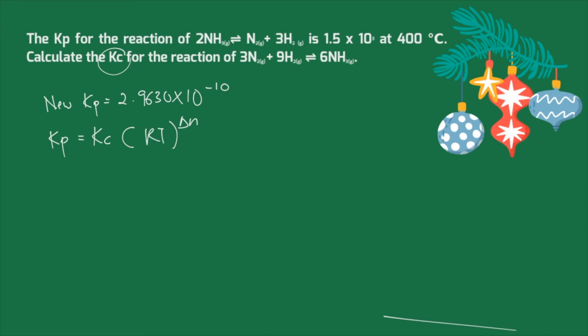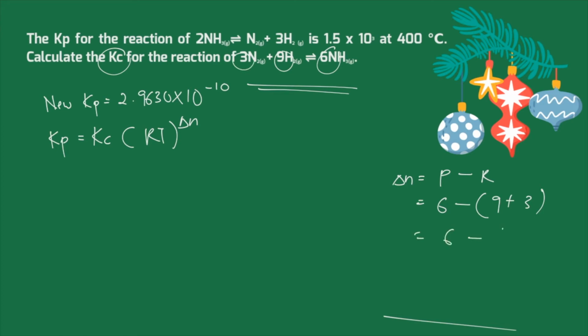First we need to calculate delta n beforehand. Delta n is whatever is in the product minus whatever is in the reactant, provided that it is in gaseous form. All of these are in gaseous form. Your product is 6, minus your reactant is 9 plus 3. So 6 minus 12, you get negative 6. That is your delta n.